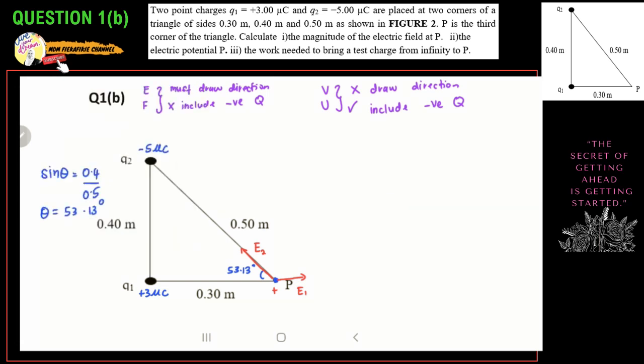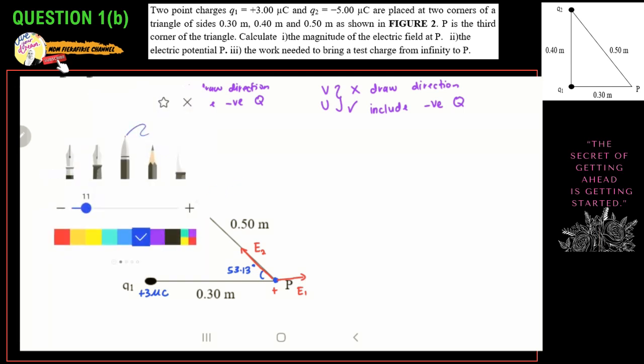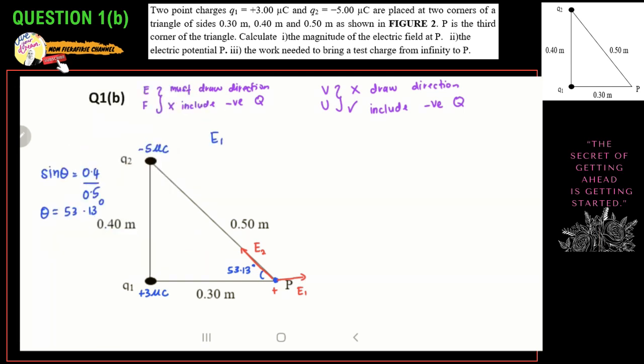The next step, I want to calculate the value of E1 and E2. E1 is equal to kQ1 over r1 squared.